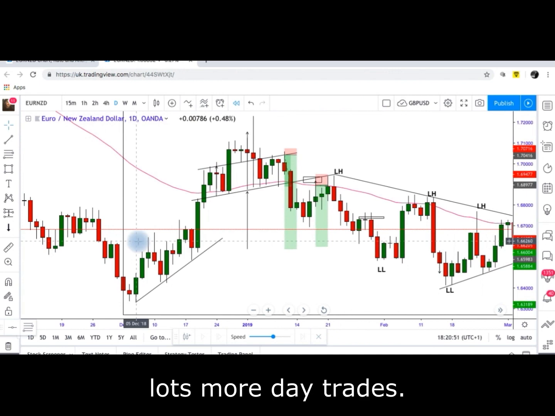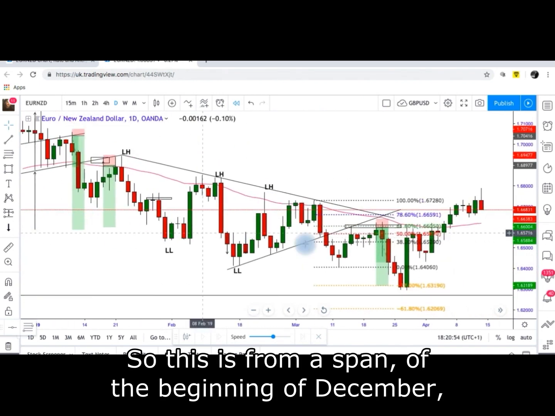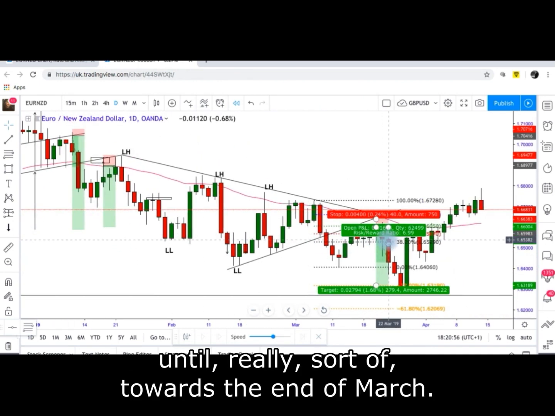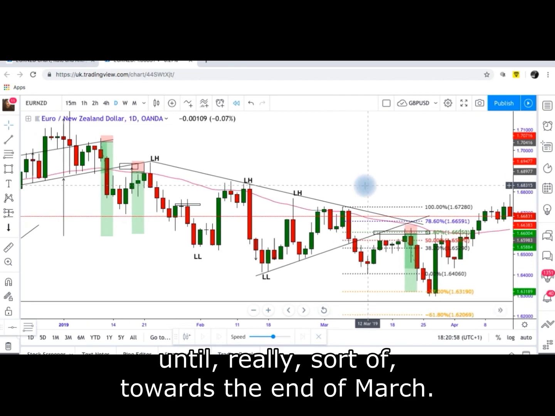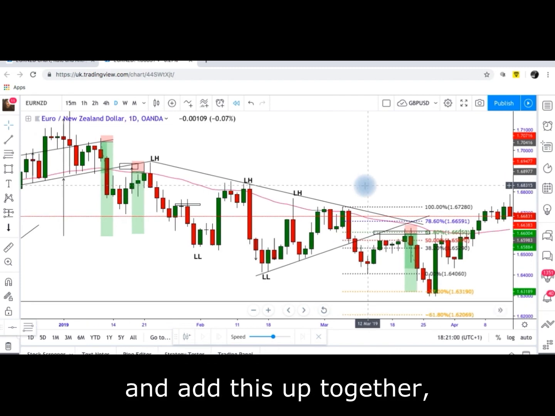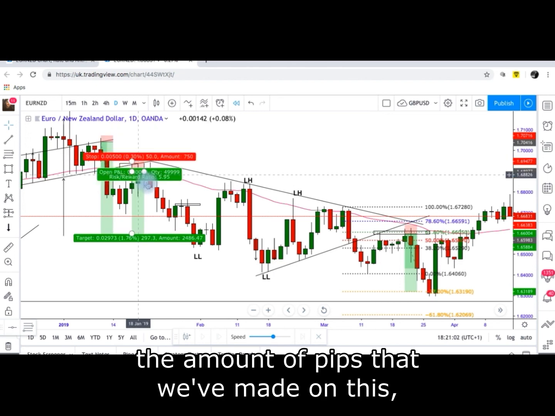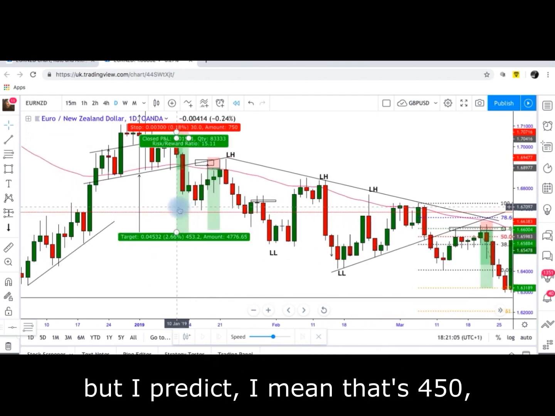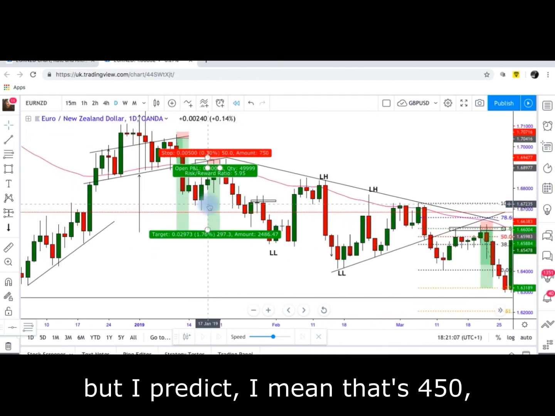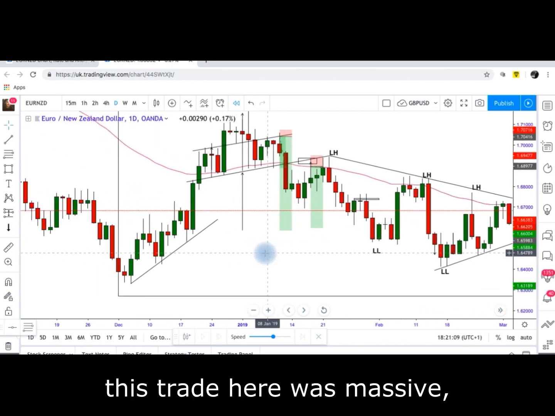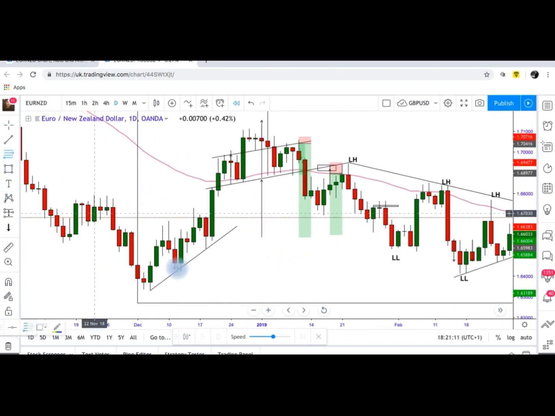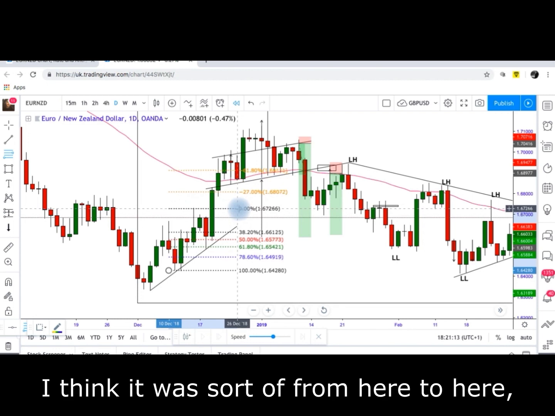Lots more day trades. So this was from a span of the beginning of December until really towards the end of March. So, we could go through and add together the amount of pips that we've made on this. But I predict that's 450. This trade here was massive. I think it was from here to here.